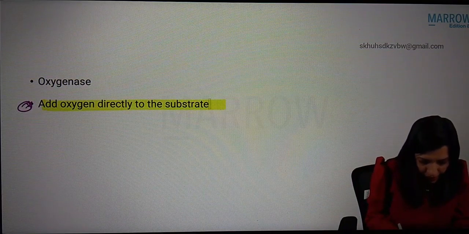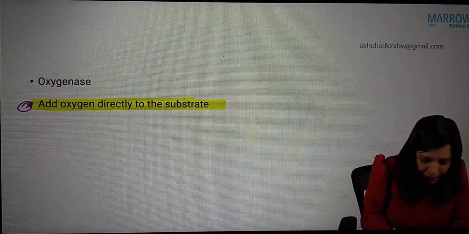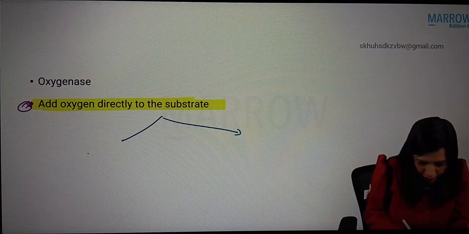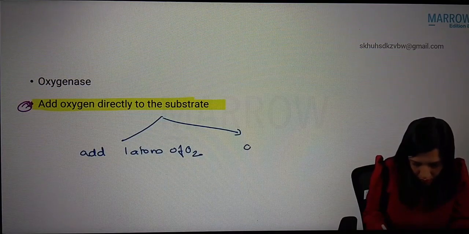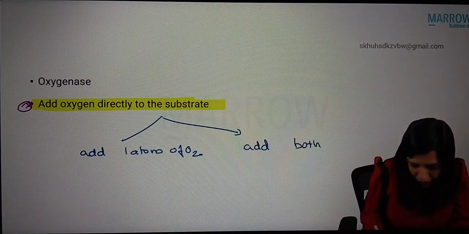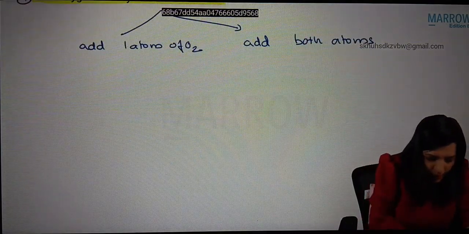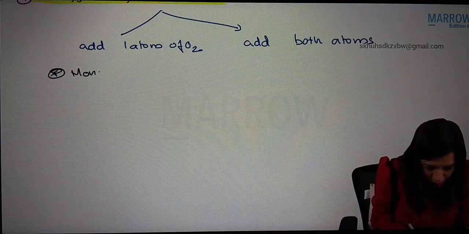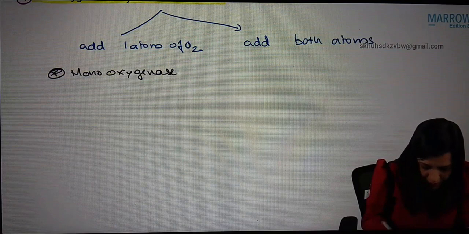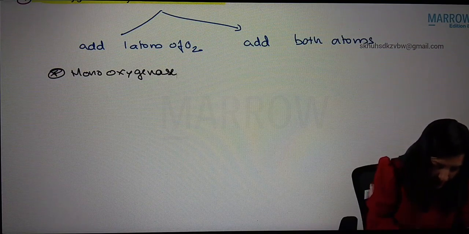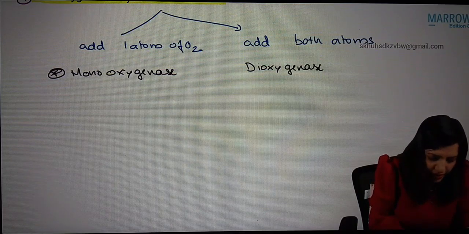Based on that, it is divided into two: if it adds one atom of oxygen, it is called monooxygenase, and if it adds both atoms of oxygen, it is called dioxygenase.